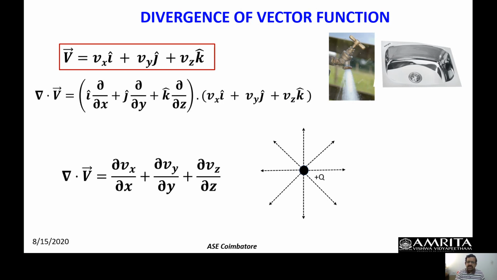Now, if I take a negative charge, then I am going to get the opposite of divergence. We don't use the word convergence here in the electromagnetics context. What we use is negative divergence, which means it comes together, it heaps together, and the field lines in this case are all pointing inward, which means flowing in.